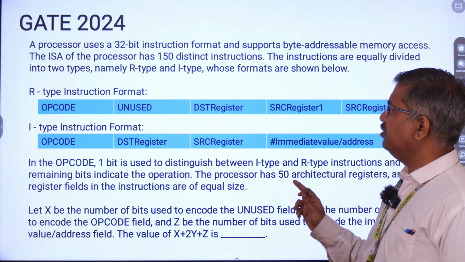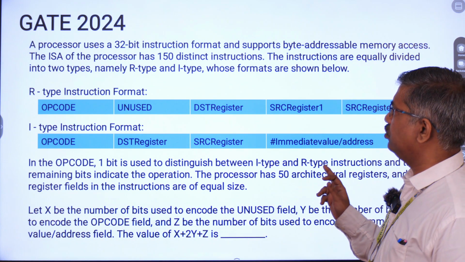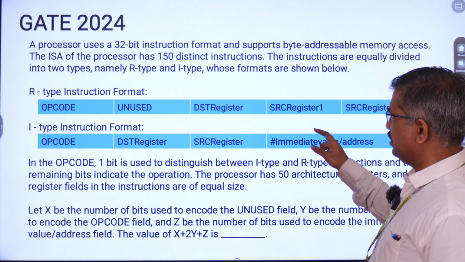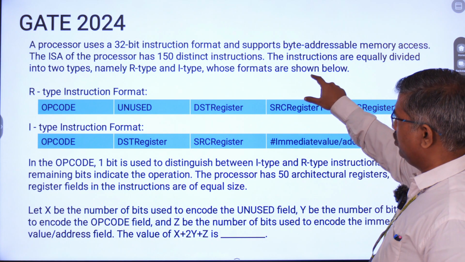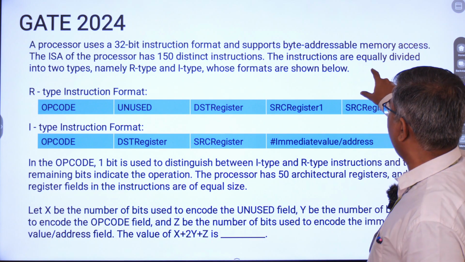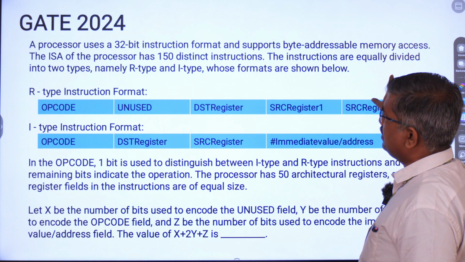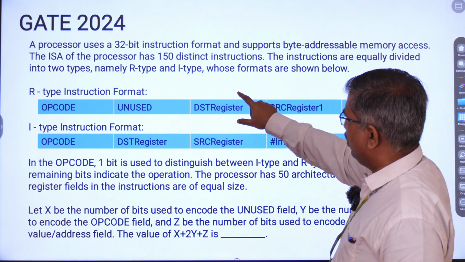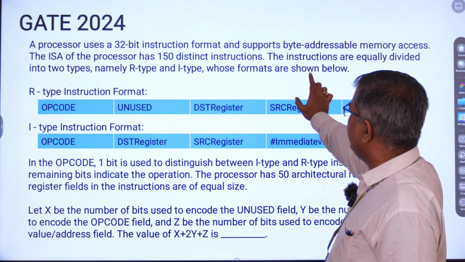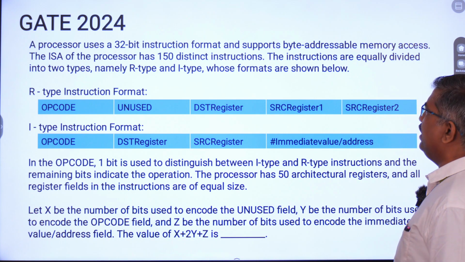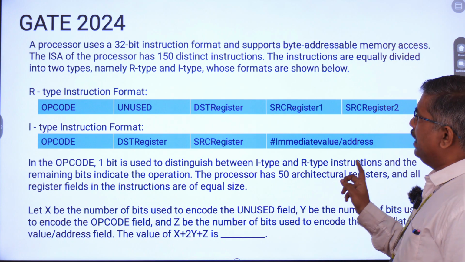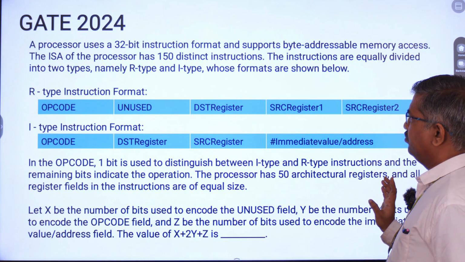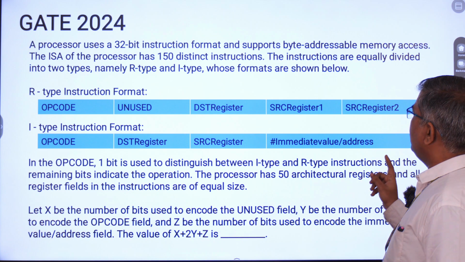So next question, this was asked in the year 2024. First, to read the question: the processor uses a 32-bit instruction format and supports byte addressing in memory access. The ISA of the processor has 150 distinct instructions. The instructions are equally divided into 2 types, namely R type and I type, whose formats are shown below.